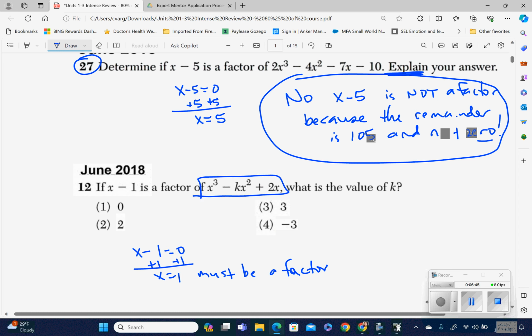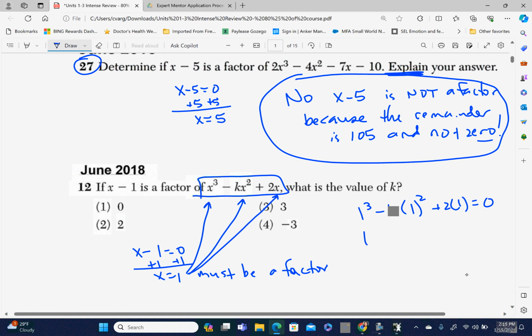So what I'm going to do is take 1, and wherever I see an x, I'm going to plug in a 1, and I'm going to set it equal to 0. So I have 1 to the third power minus k, because I'm looking for k, 1 squared plus 2 times 1. And again, it's a factor, so I'm going to set it equal to 0.